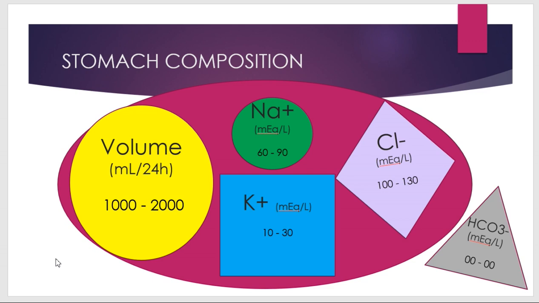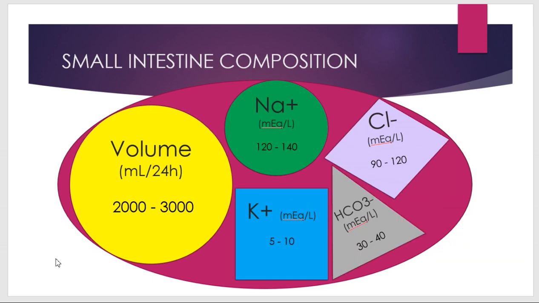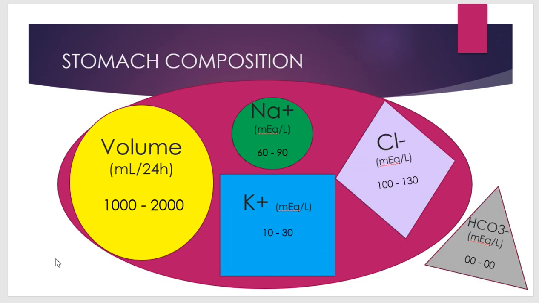Clear this point? Less sodium in gastric secretion as compared to bile and pancreatic secretion. Okay, let's focus on potassium. Potassium here is increased, 10 to 30 milliequivalents.